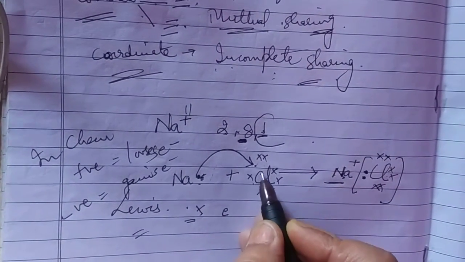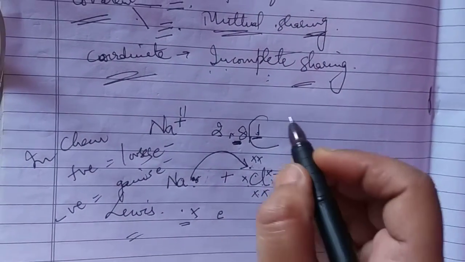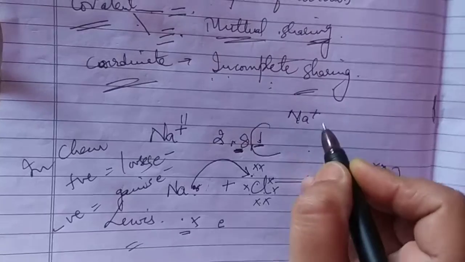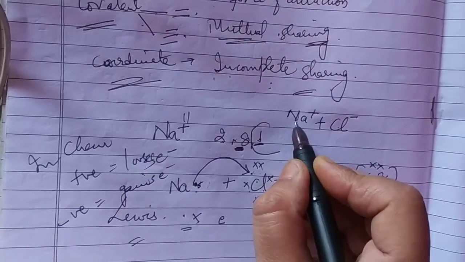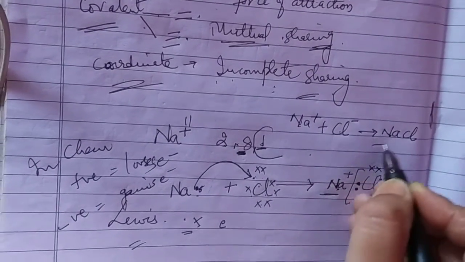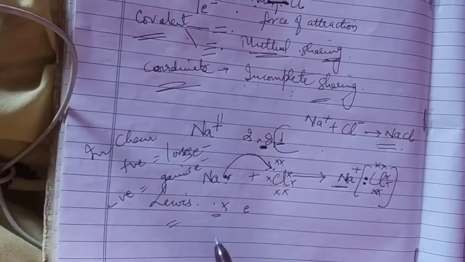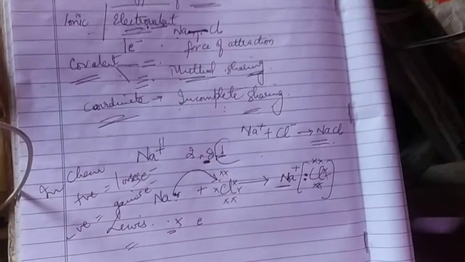It has taken one from sodium. So what will be the charge of chlorine? Sodium has positive, and what is the charge of chlorine? Negative, because it has taken an electron from sodium. So what is formed? Sodium chloride, which is the formula of common salt. So in this way we combine metals and non-metals together, right?